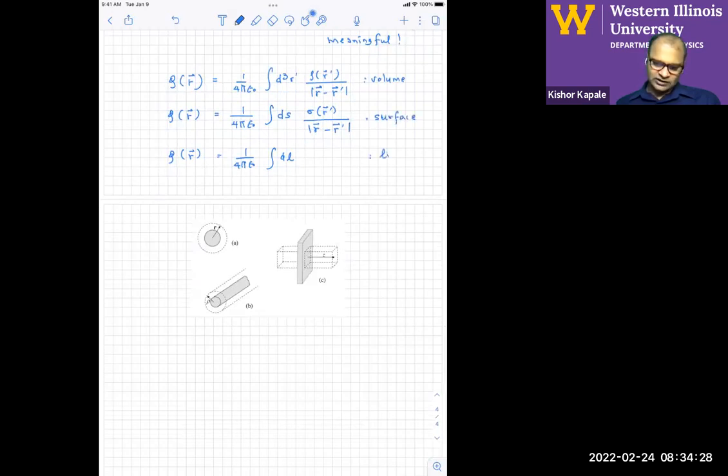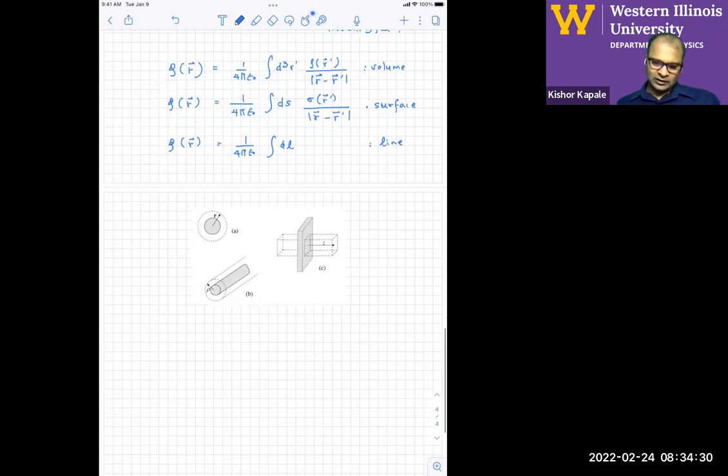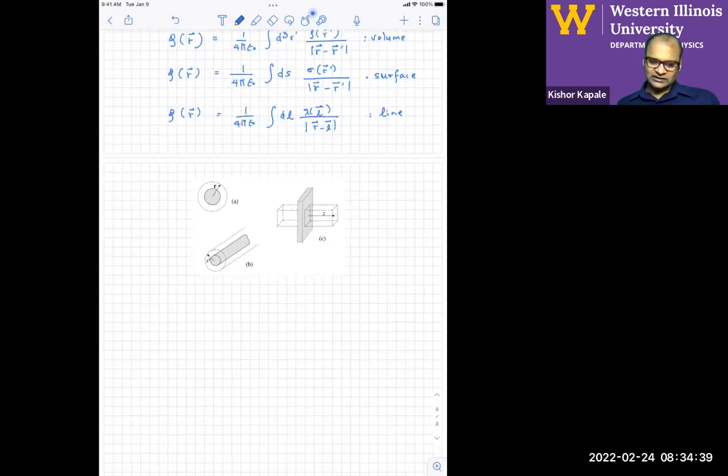And if you have a line charge density, then it's just going to be dl lambda of L divided by R minus L. And that gives you that. And in all cases, the electric field can then be readily determined through the gradient of the scalar field. And calculating the gradient, of course, is a whole lot easier than evaluating the integral, right?